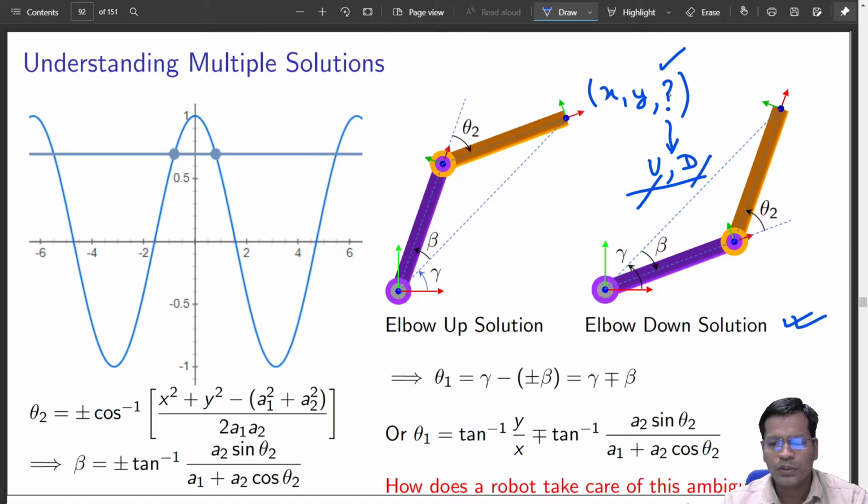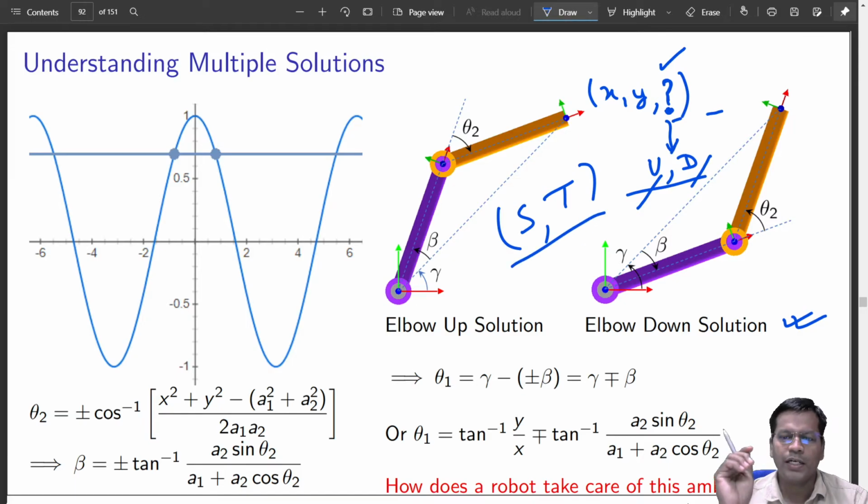If you define this, you have completely defined the input, and the robot is not in an ambiguous state, it will go there. But in the case of 6-DOF, there can be more than one parameter. Status and turn are the two additional parameters, apart from the end effector position and orientation, that are defined before you can take your robot to a particular place. That is how it is solved in the case of a robot.